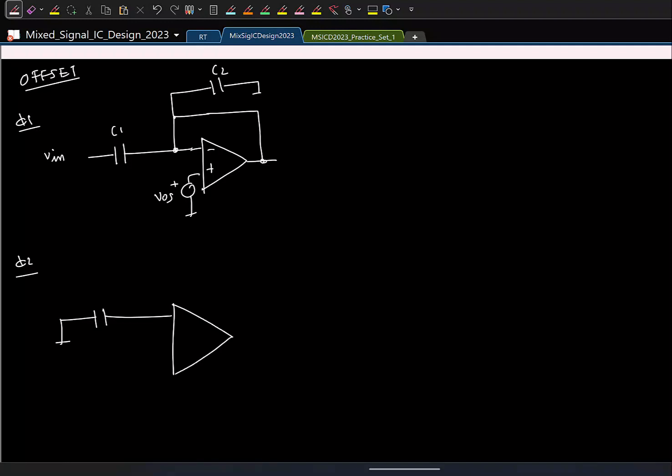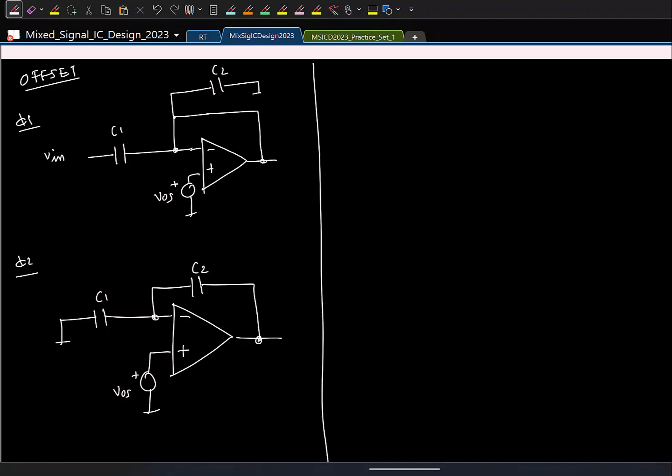In phi 2, it's the same, no difference. So the claim is offset will get corrected, and again, you don't have to initially assume finite DC gain. We are interested only in seeing what happens to the offset. So to simplify things, assume infinite DC gain. And the circuit is pretty simple, so we can quickly analyze.